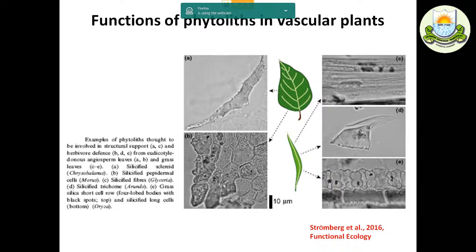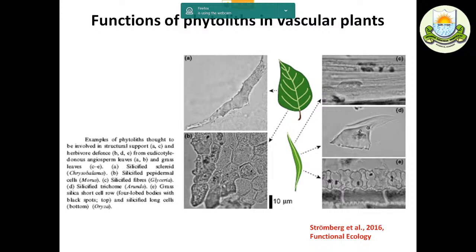These silica, as you know, are very hard, so they provide mechanical strength, and they also lessen the effect of radiation damage, and provide resistance against pathogenic attack on plants, as well as herbivory.